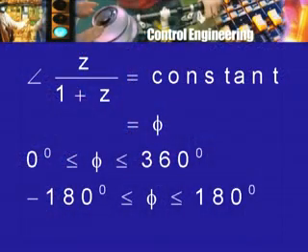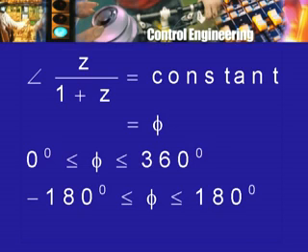Now, one can show, and again you should try to show it, that the set of all points z of the complex plane for which the argument of z divided by 1 plus z is a given constant phi, where phi is interpreted in degrees between say 0 and 360, is again a circle.